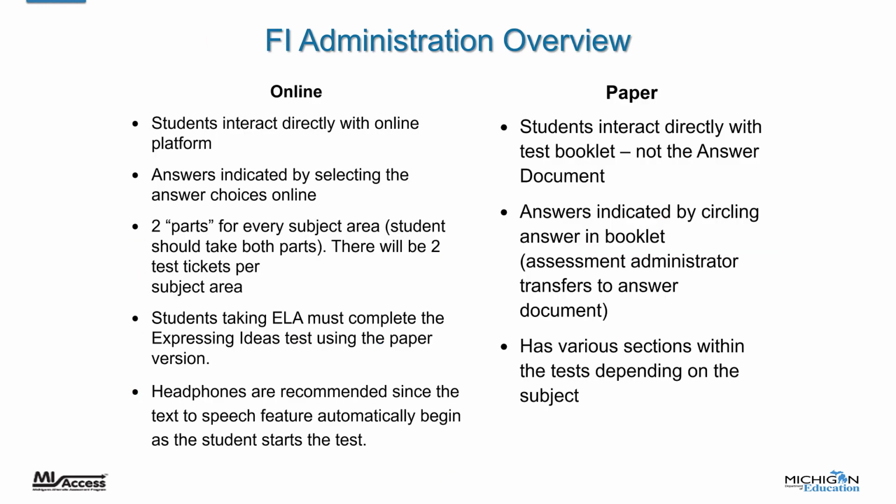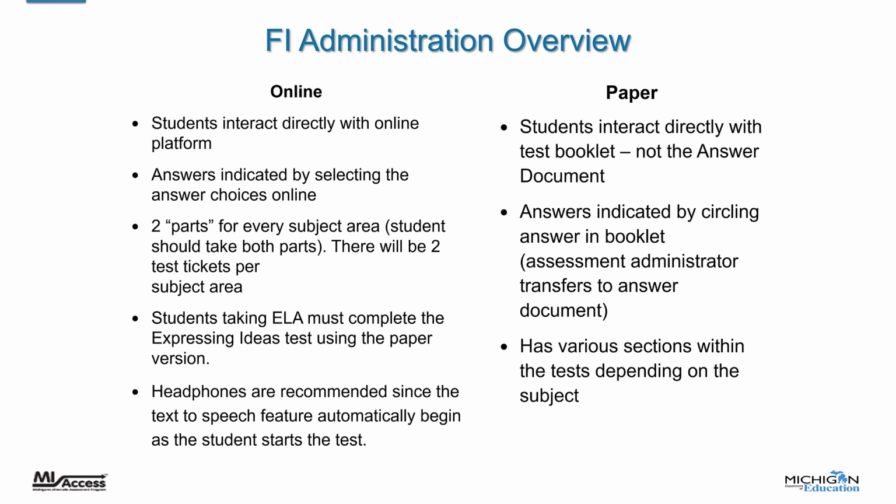Let's take a closer look at preparing for the assessments, and we'll start with the FI administration overview. FI offers 2 modes of testing, online and paper pencil. For the online assessment, most students taking the FI assessment online will interact directly with that online platform and technology.